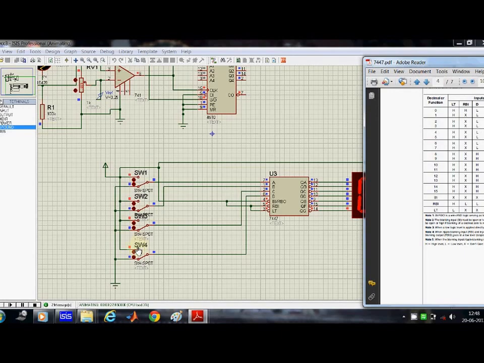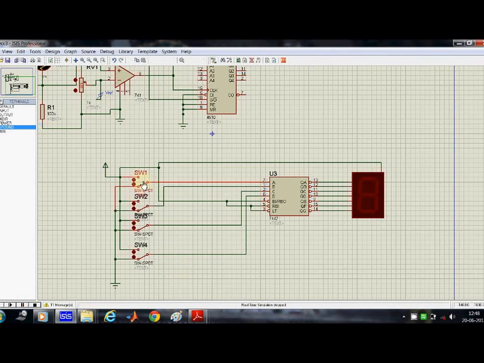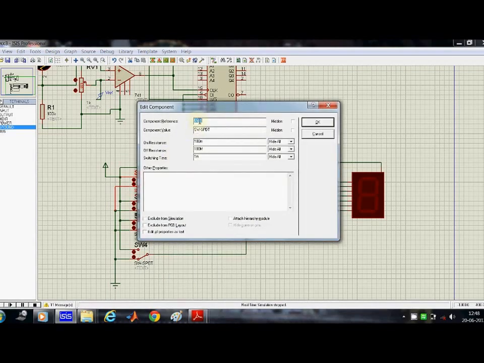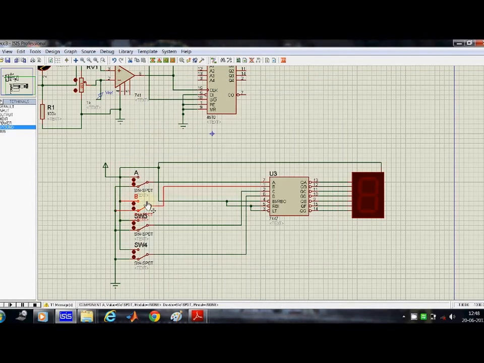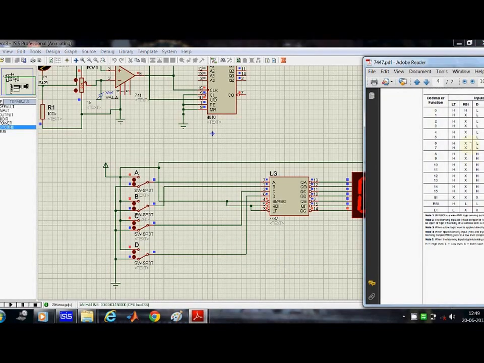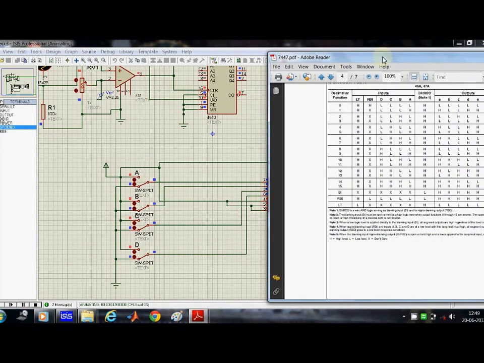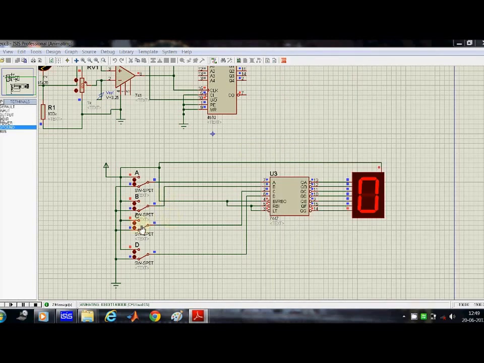Let me label them so that you'll be more comfortable with it. So this is the simulation. In the case of 5, C is high and A is high and the other two are low. You see the output is 5.